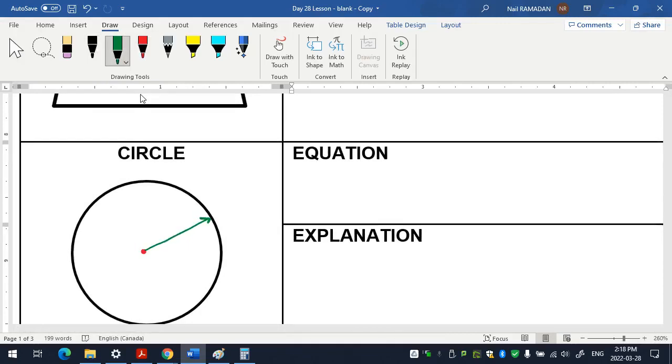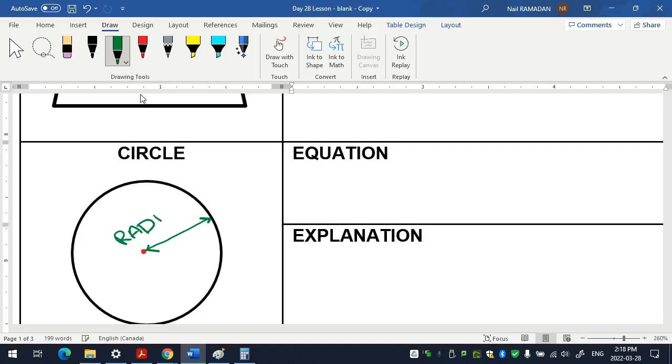Go ahead. Now, does anyone know how to spell radius? R-A-D-I-U-S. No O. Six letters. So everyone go ahead and write radius.